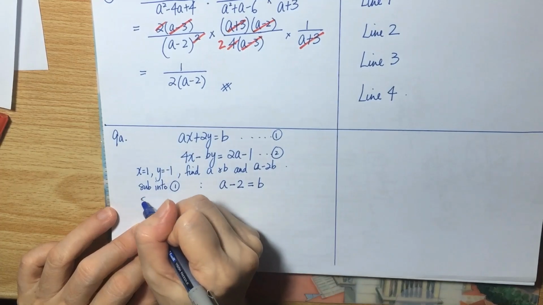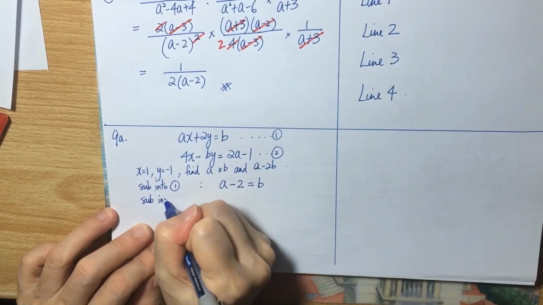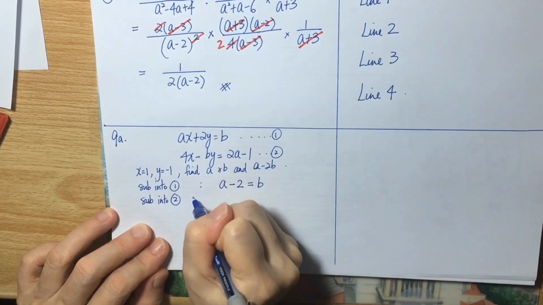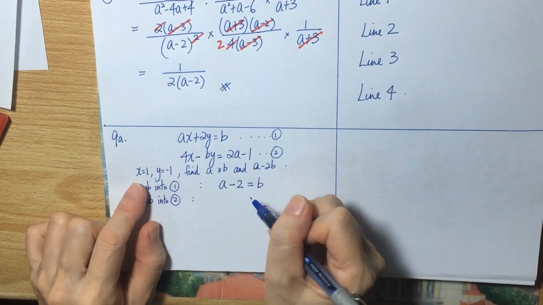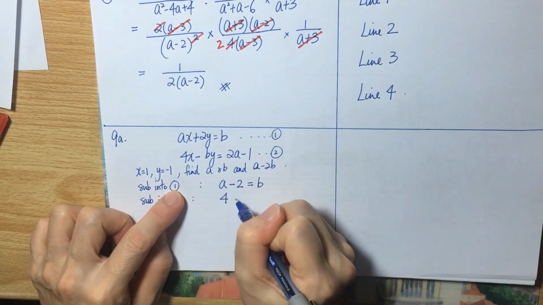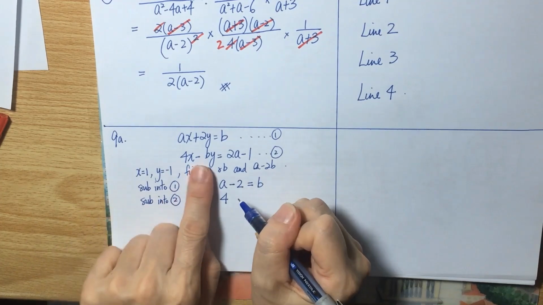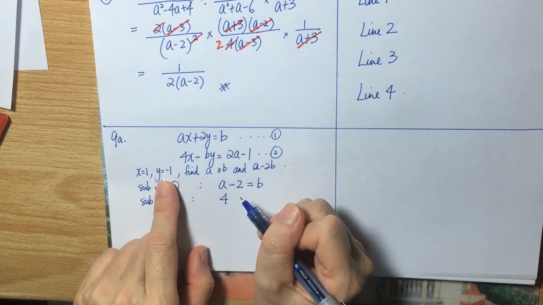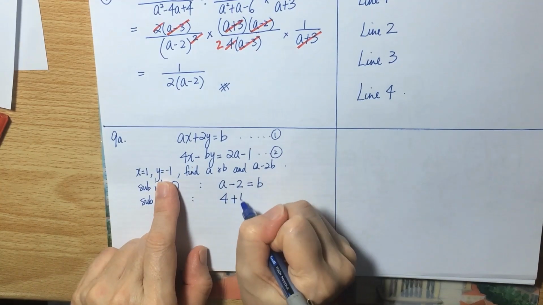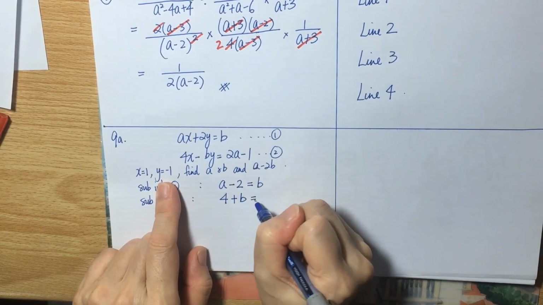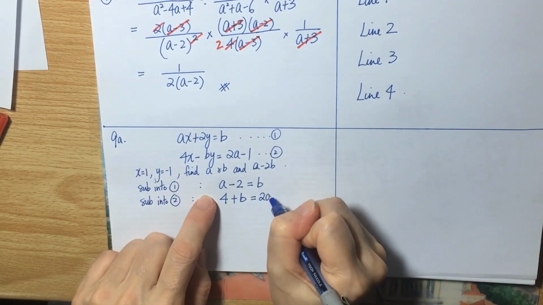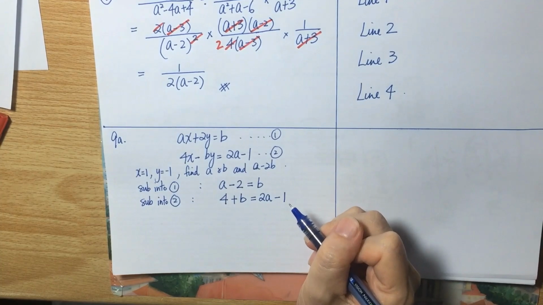Then if we substitute into equation 2, so 1 times 4 is 4 minus b times y, which is -1, which means I'm having a plus b, then equals 2a minus 1.